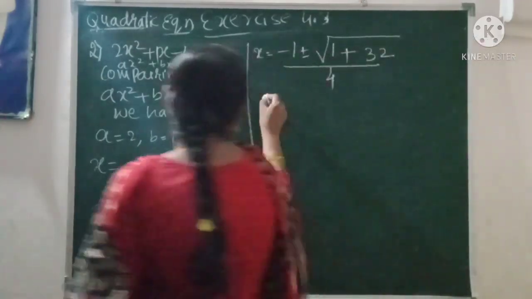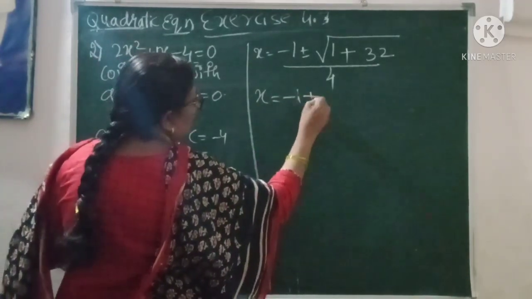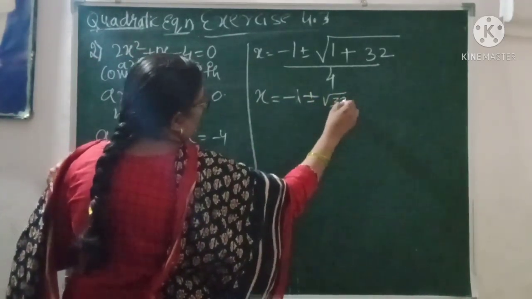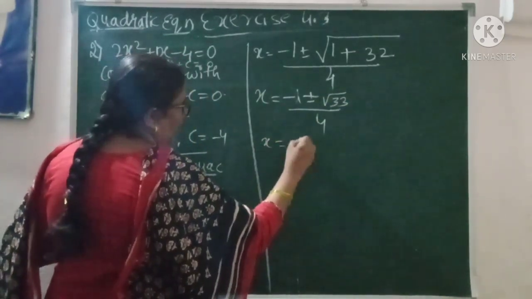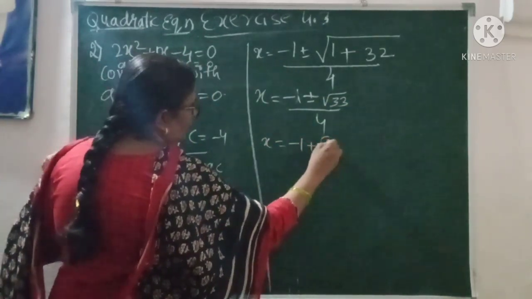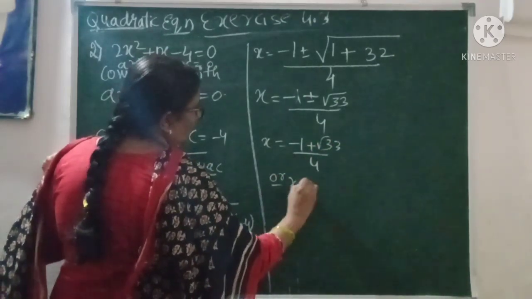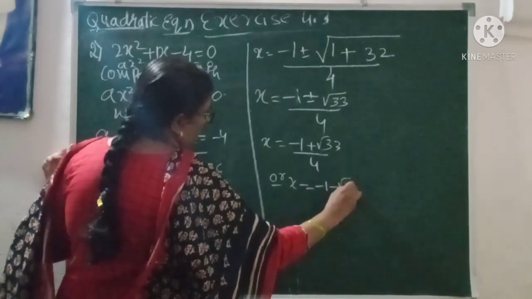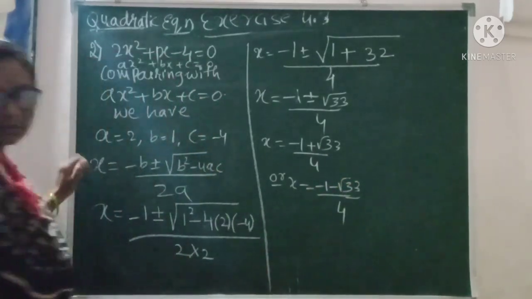So you are getting here x equals minus 1 plus or minus root 33 upon 4. You can write this as x is equal to minus 1 plus root 33 upon 4, or x equals minus 1 minus root 33 upon 4. Finish this way.